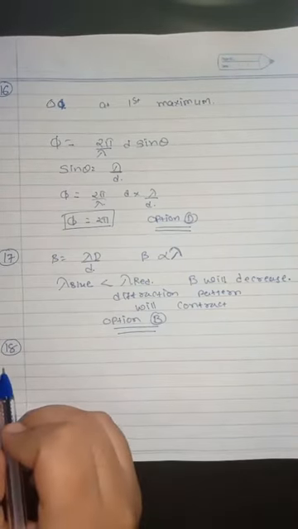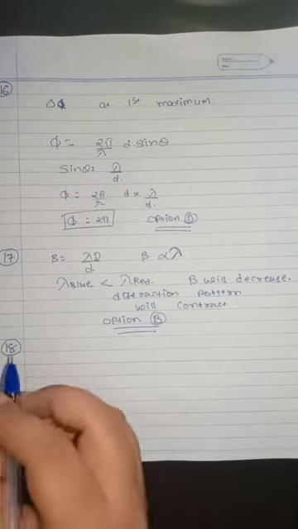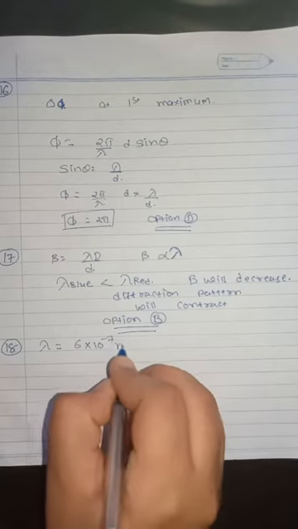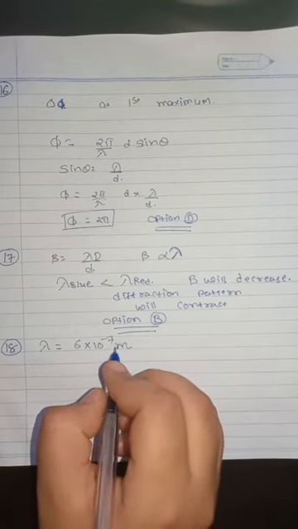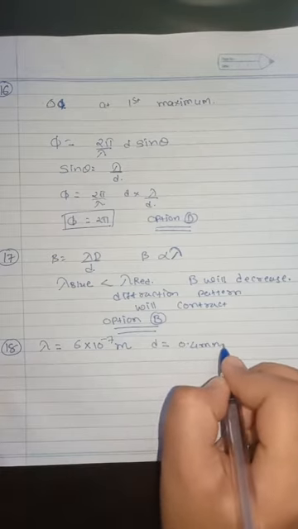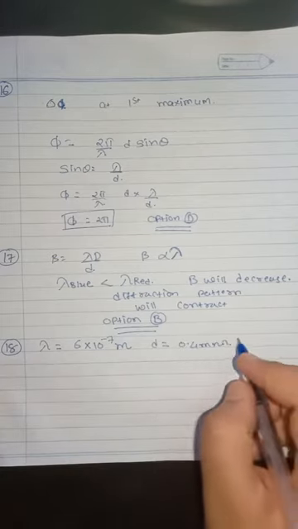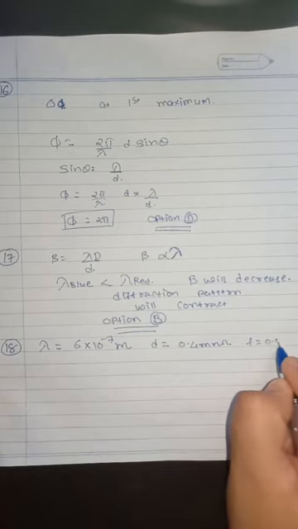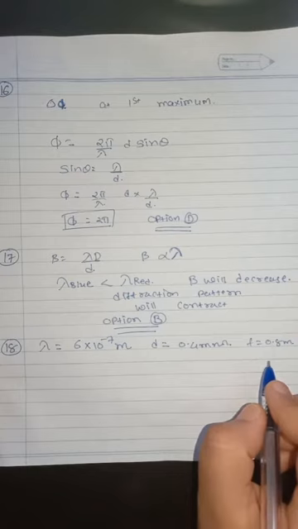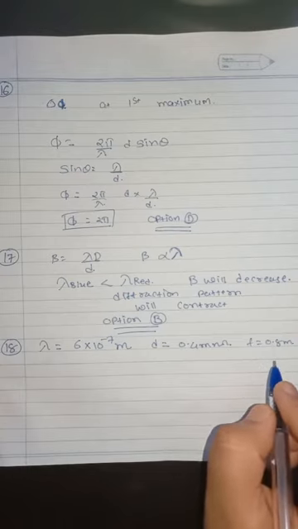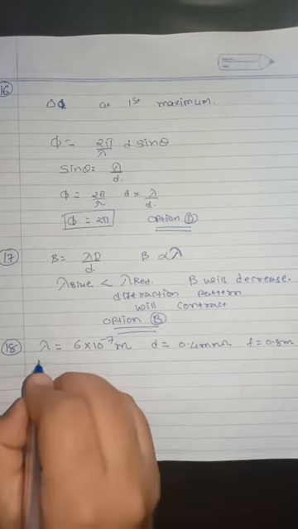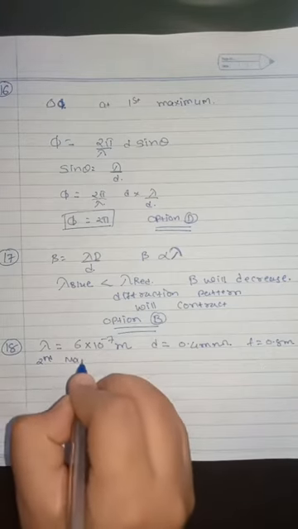In question number 18, a plane wavefront of wavelength 6 into 10 power minus 7 meter falls on a slit 0.4 mm wide. A convex lens of focal length 0.8 meter is placed behind the slit and focuses the light on the screen. We want to find the linear diameter of the second maximum.